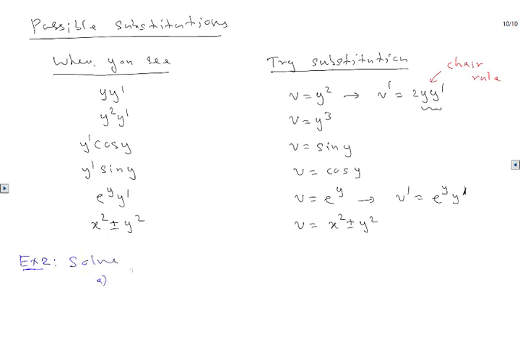The first one is y prime sine y plus 2 cosine squared y equal to, and b, e to the y y prime equal x plus e to the y, along with y of 0 equal 1. Okay, so try these problems, and you can see the answers in the description.